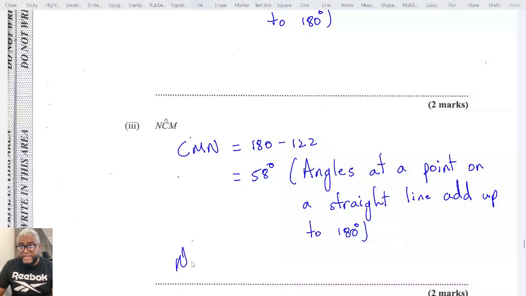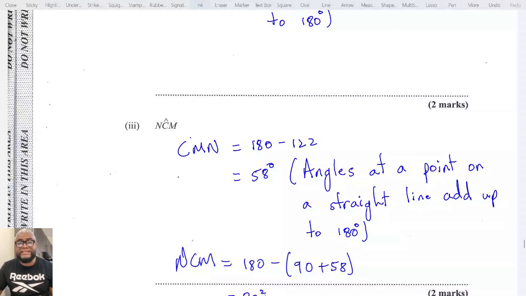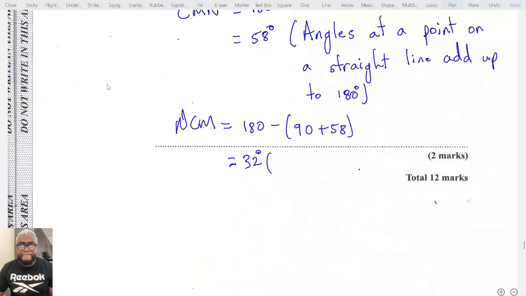And then we could flow into NCM. NCM will simply be 180 minus 90 degrees and 58. So we get 32 degrees. And the reason here would be angles in a triangle add up to 180 degrees.